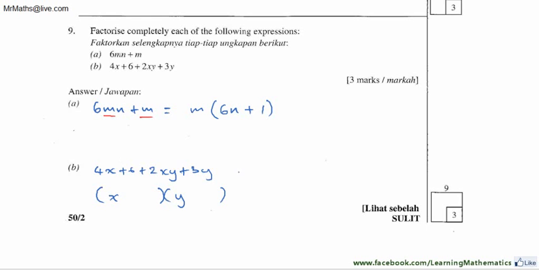Rearrange this so that we can see it more clearly. 4x plus 2xy plus 3y plus 6. So the product of the numbers over here could be 3 or 2. 3 times 2 becomes 6, and you get this, right? And then 3y. Okay, 3y matches, because if you multiply 3 and y, you get 3y, so that is done.